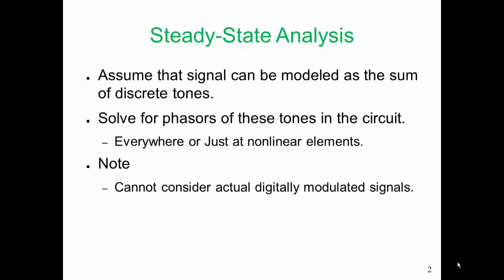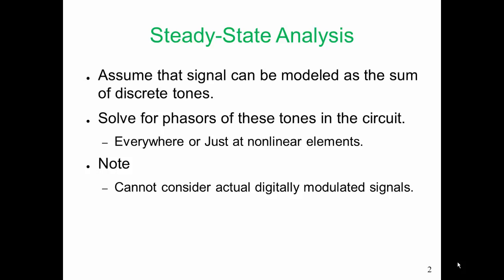It turns out that there is a theory that says that if we use a very large number of discrete tones, let's say 10 or 20, we actually get the statistics of our circuit fairly accurately, and those statistics enable us to really understand what is happening with the digitally modulated signals.